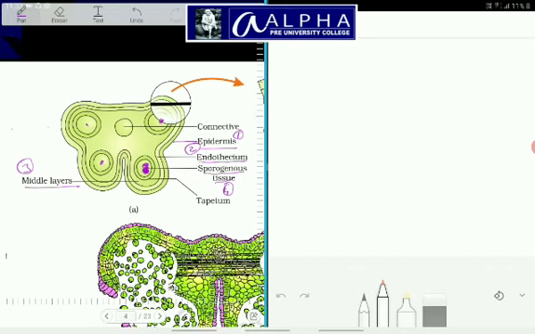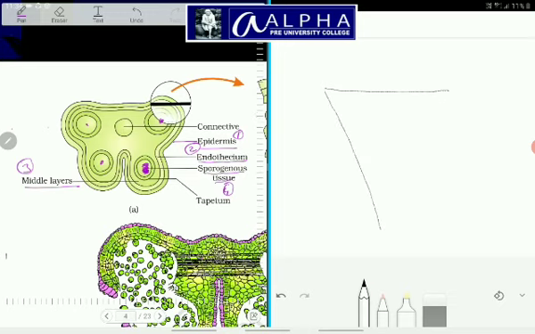So let's attempt to write the diagram. We can begin to write this diagram easily by writing an inverted pyramid. Right, inverted deep pyramid like this, and you draw a horizontal line almost at the middle of this triangle like this.